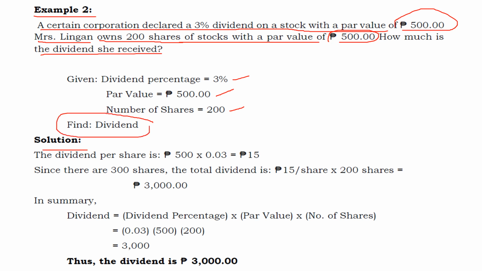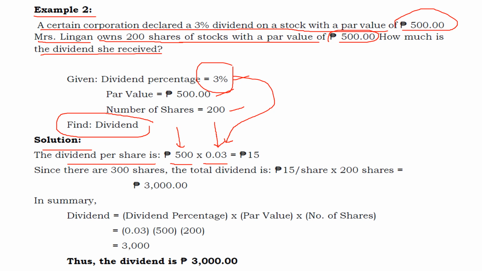For the solution, the dividend per share is based on the 500 pesos par value. So we simply multiply the par value by the dividend percentage. We convert this 3% to decimal by dividing 3% by 100 to make it 0.03.